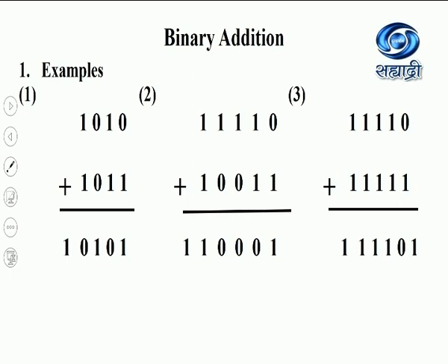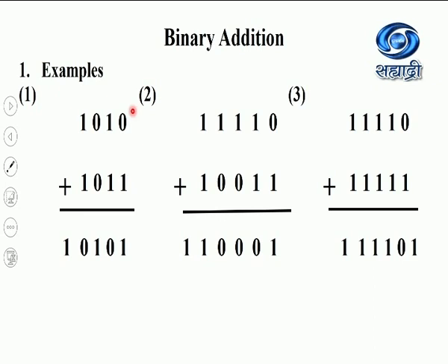First, here we have number as 1010, first binary 4-bit group. Second number is 1011. These two numbers we are going to add by the binary rule of addition. So let us start from the LSB.